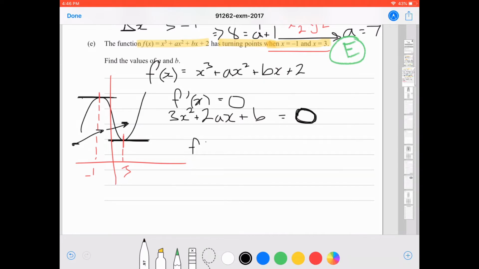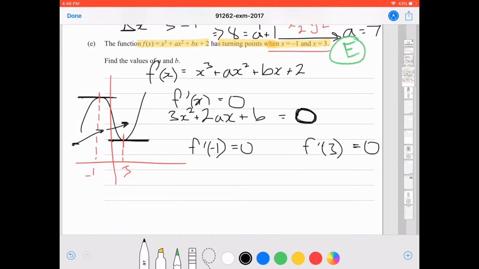We could say f dash of -1 equals 0, and f dash of 3 equals 0. And so we're going to be working with this information, and we're going to come out with some simultaneous equations here, and that is how we're going to solve for a and b.